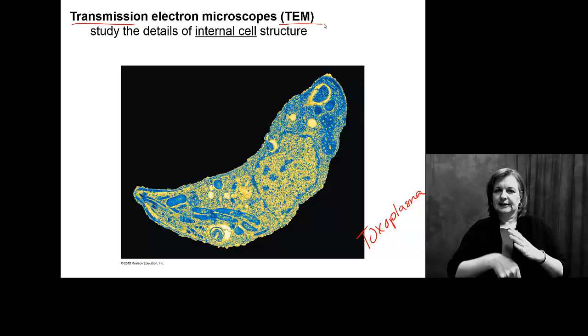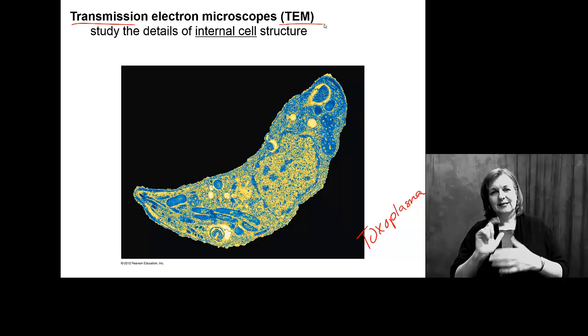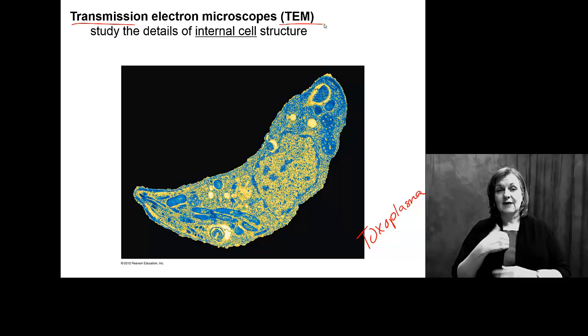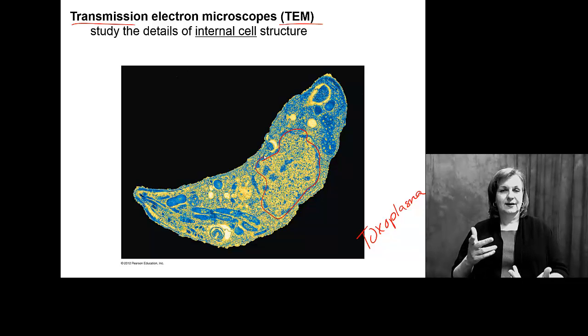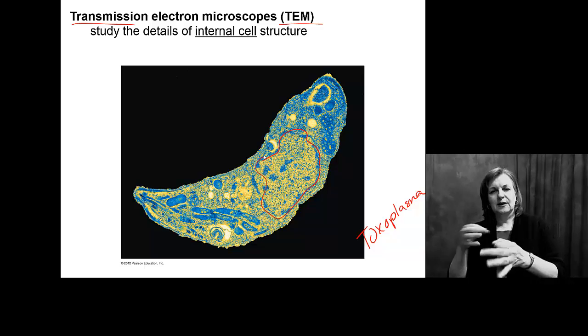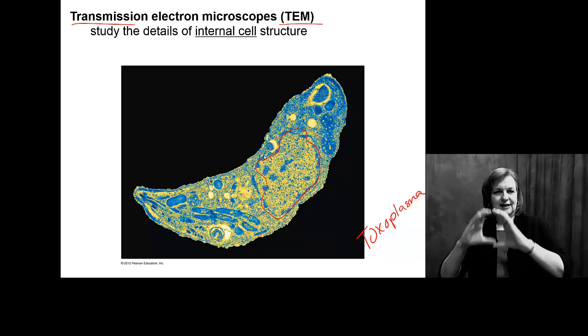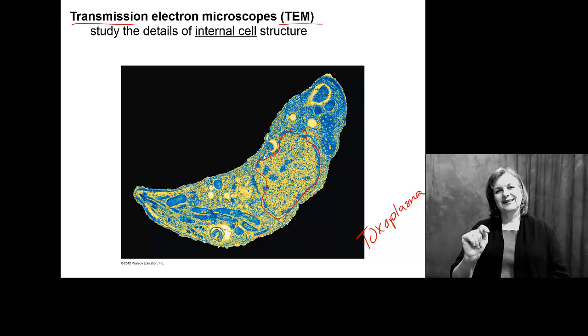We'll look at these in more detail, and you'll be able to come back to this later and pick out some of the internal structures associated with this organism. We have some very large vacuoles that we'll learn about. We've got some different structures as far as building proteins and so on. So I encourage you to come back and look at this after we go through some more detail about our cells.